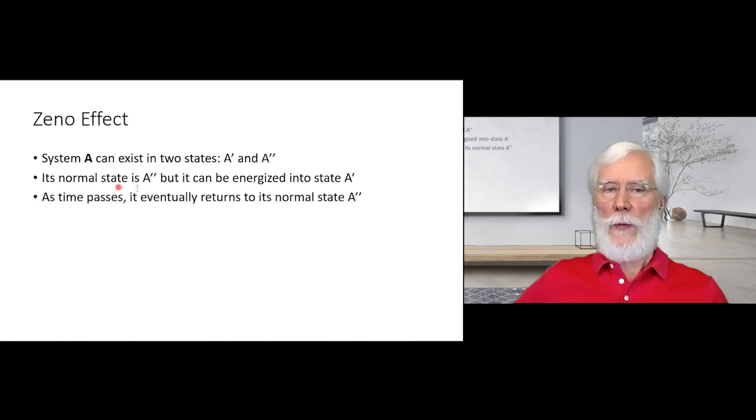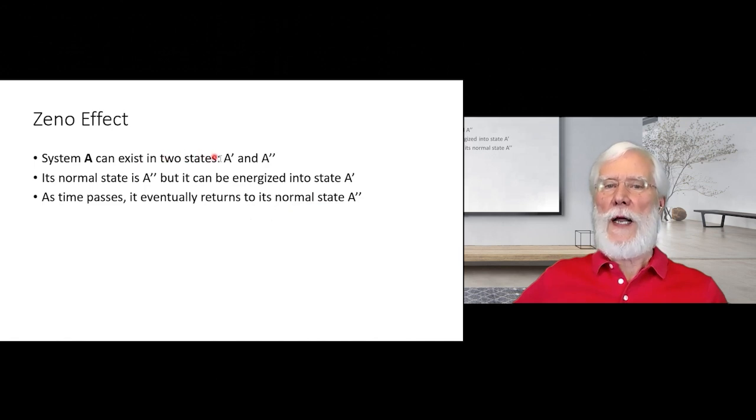So it's just in one or the other of those two. Now, its normal state is A double prime, but it can be energized into a state A prime. That just happens sometimes. As time passes, it eventually returns to its normal state, A double prime. So I'm just setting up the problem. Now, the Zeno effect has been seen and is applied to dozens of things. It could be an atom of some sort.